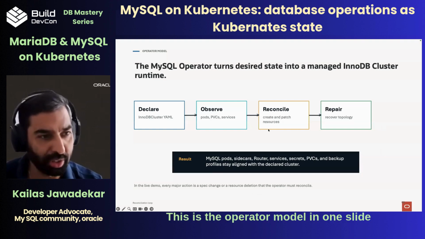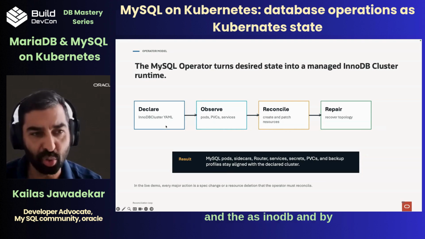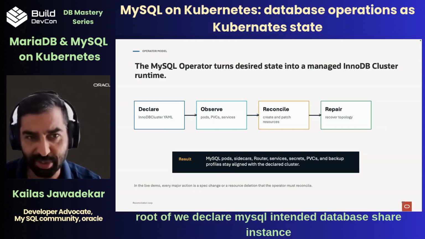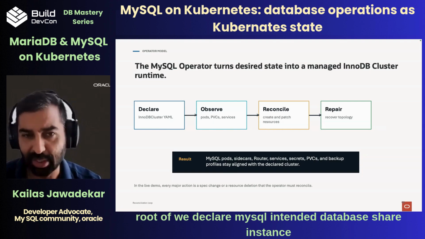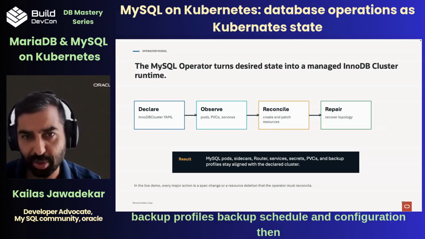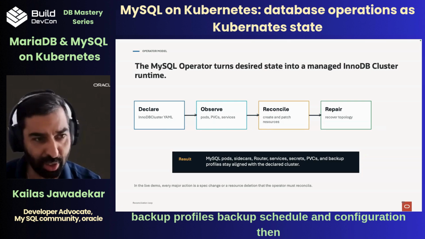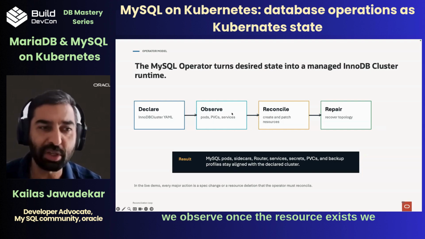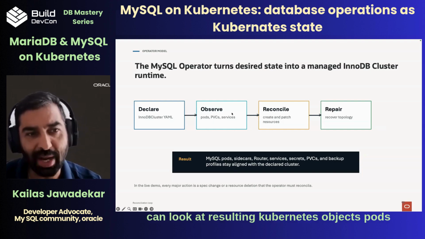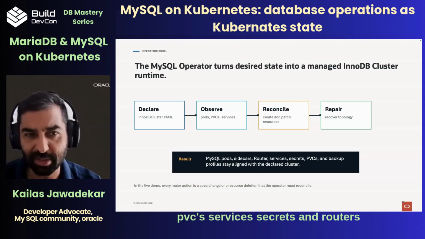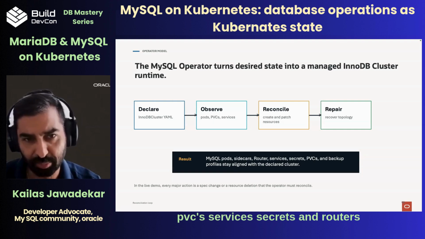This is the operator model in one slide. First, we declare. The main resource is an InnoDB cluster custom resource. That object describes the intended database shape, instance count, router count, credentials, storage, backup profile, backup schedule, and configuration. Then we observe. Once the resource exists, we can look at resulting Kubernetes objects: pods, PVCs, services, secrets, and router.